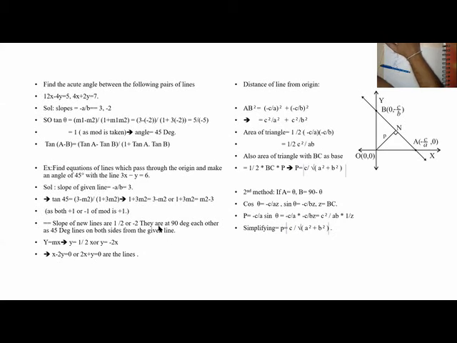So we found both the lines. One line is x minus 2y is 0, at 45 degrees, and 2x plus y, because these two are perpendicular lines. 45 is given. If it is 30 given, then these two are 60 degrees apart. Like that.